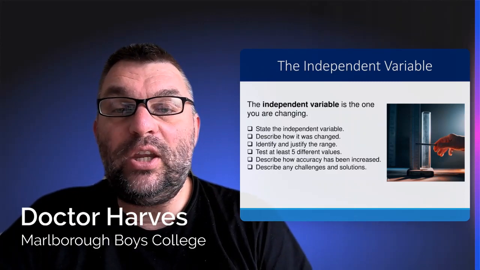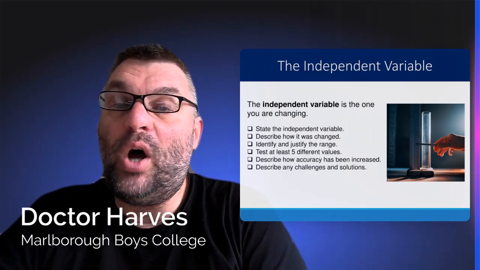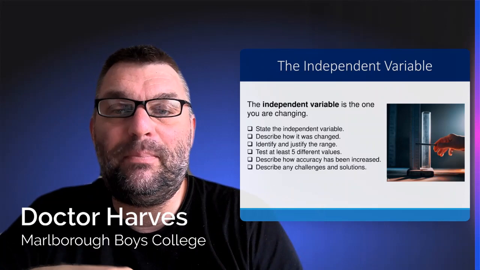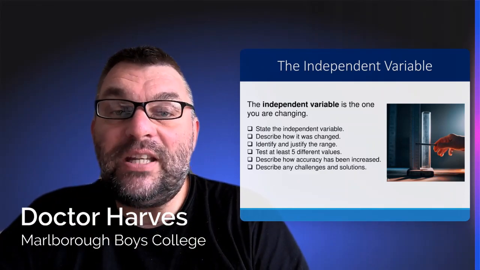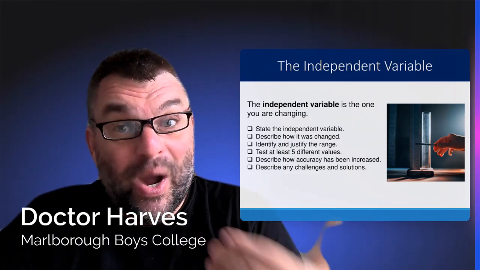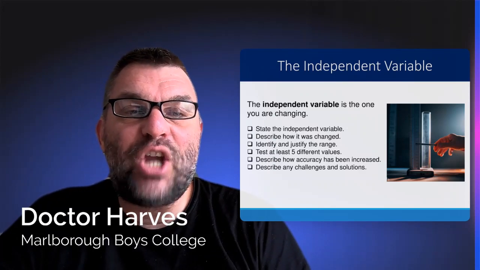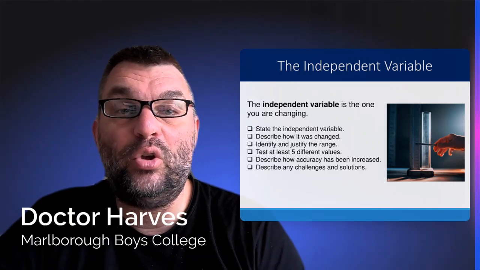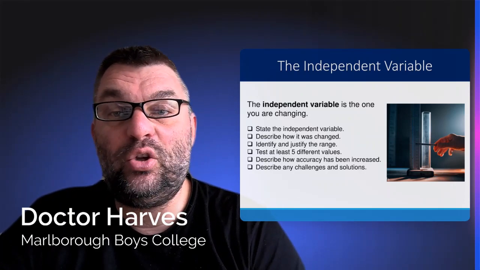So why you chose a particular value as your minimum value, and why you chose a particular value for the maximum value, because the range is basically the maximum value minus the minimum value. Test at least 3 different values for your independent variable. Okay, and that's a way you can increase the accuracy. Then describe any challenges you had when measuring your independent variable and how you solved those problems. And that can relate to why you've chosen the range that you have chosen.